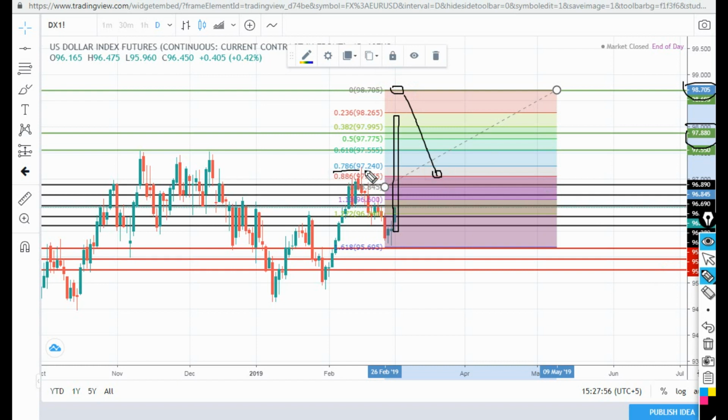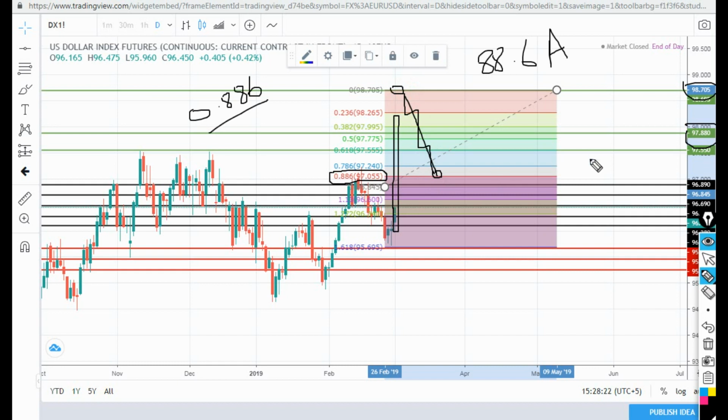This is your 0.886. This point comes into 88.6. Always remember it's your A wave, because this correction comes within the impulsive direction and it gives you this number.